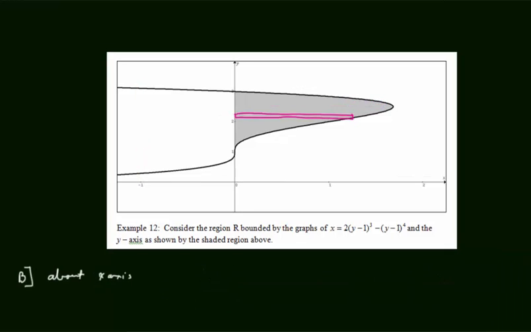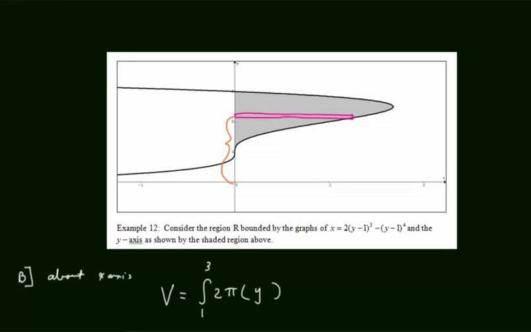In B, we're going to rotate the region about the x-axis, so volume equals, I hope you see now, this is against the grain. We have a horizontal rectangle being rotated vertically, and so it's going to be from y equals 1 to y equals 3, 2 pi radius, and our radius is going to be the value of y.